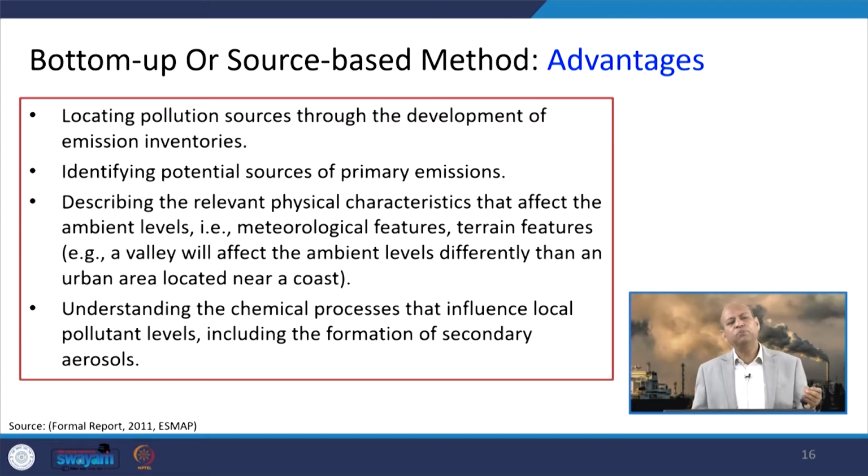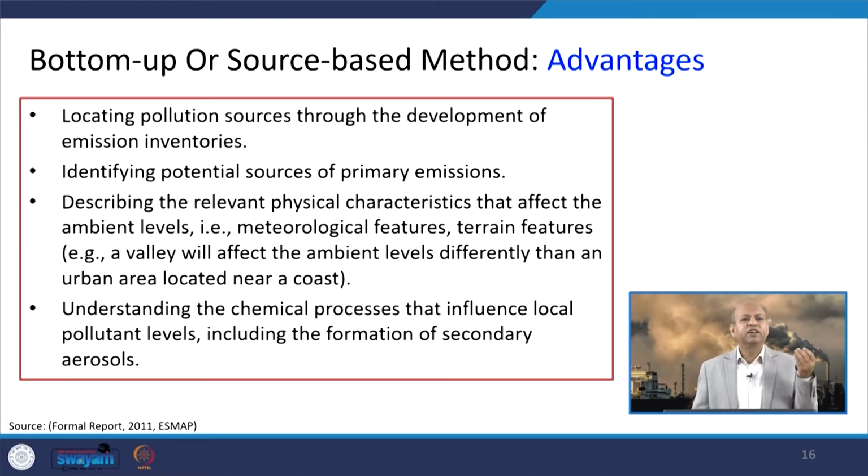Now, what are the advantages of using the bottom-up approach? There are several advantages. It can help us locate pollution sources through the development of the emission inventory, so we know which kind of source is more dominating because we have these emission calculations, right. Then we can identify the potential sources of primary pollutants or primary emissions.